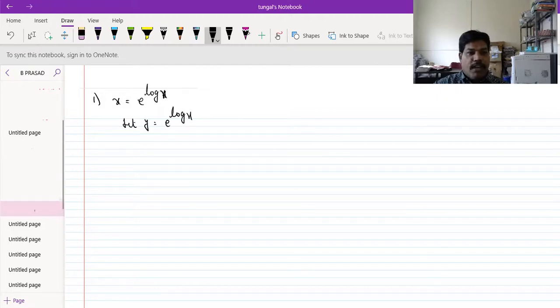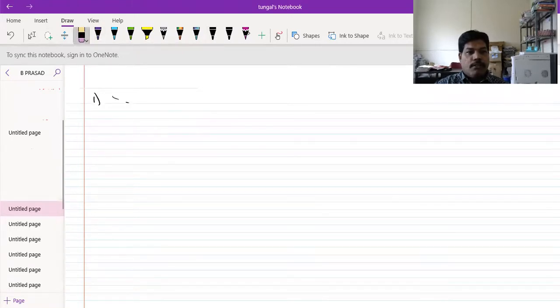First, I will give you some conditions, students. First we have to take these formulas. Log P base A, how can it be written?